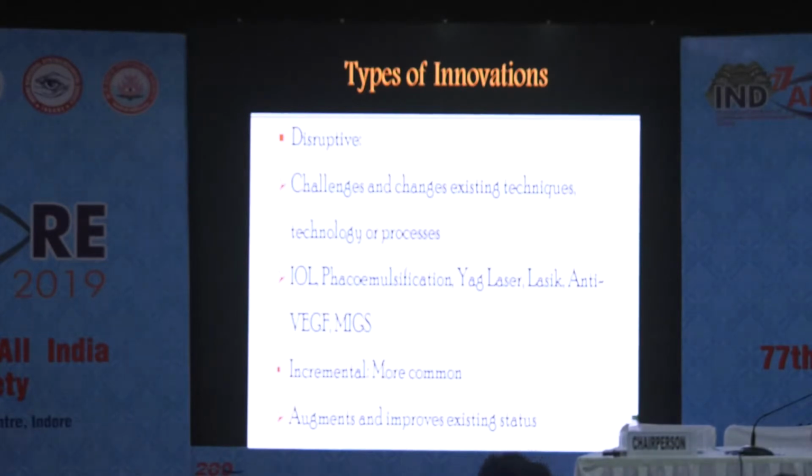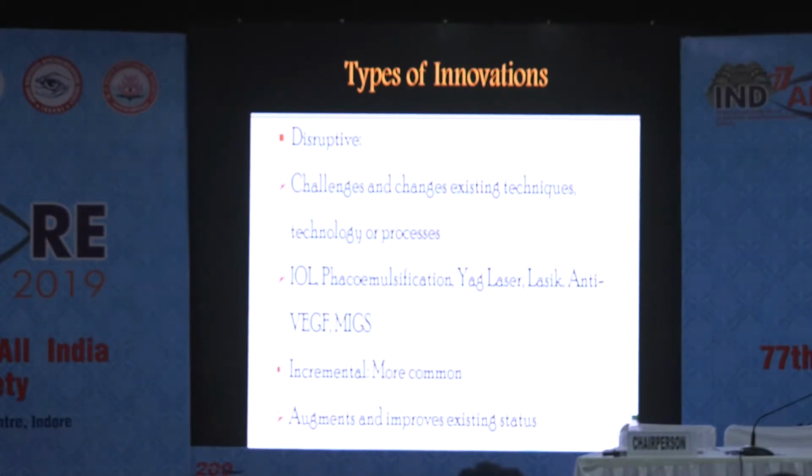The types of innovations are either disruptive, like IOL, phacoemulsification, anti-VEGFs, or microincision glaucoma surgery. They have changed the way things are done, and they require a huge amount of resources, which all of us at an individual level may not have. But most innovations are incremental.